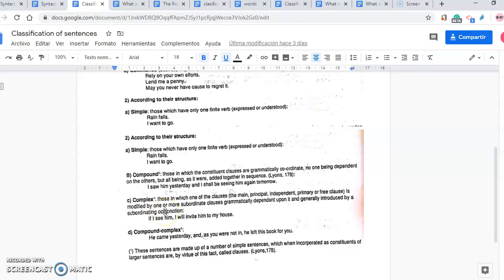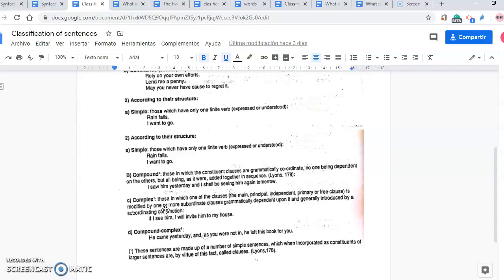A complex sentence is one that has one or more subordinate clauses inside. So when I have a sentence, the sentence that we had, The man that was dancing is my brother, that is a complex sentence.